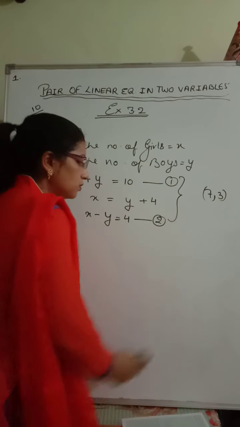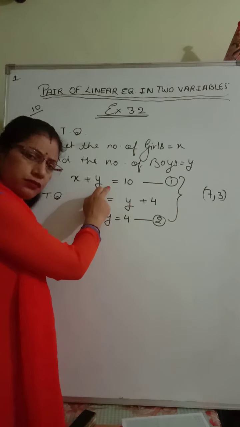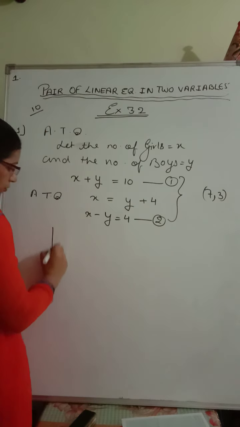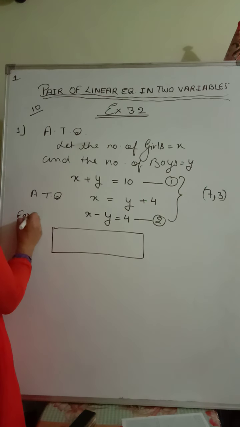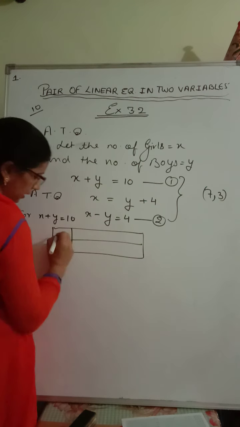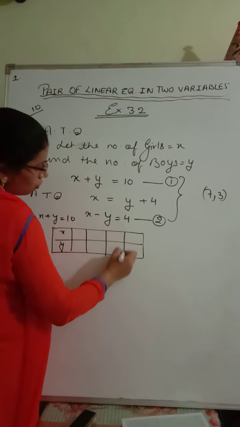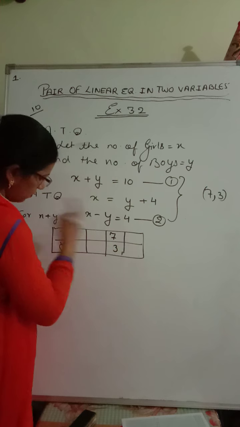Okay, so from here we have to form the graph. One table for each equation you have to make. Draw the graph table for the first equation, x plus y equals 10. We will take values of x and y, and as you know, one solution we will take is 7 comma 3 because it is common in both.